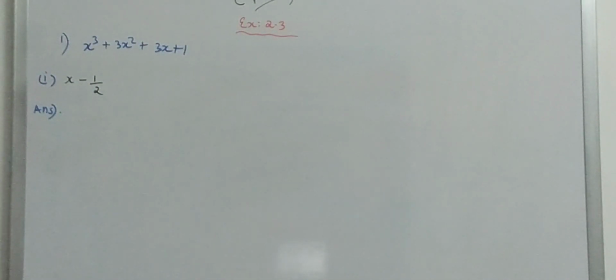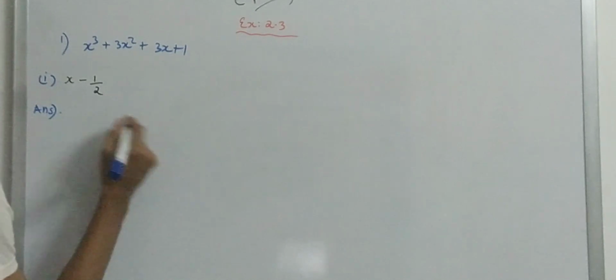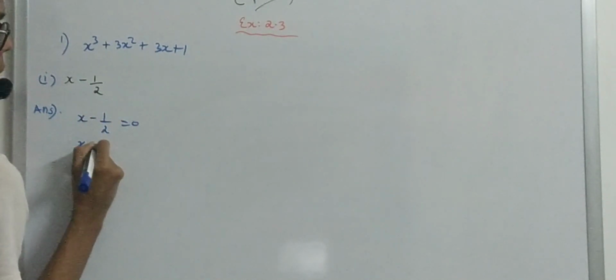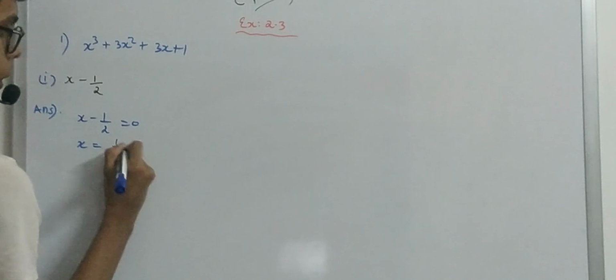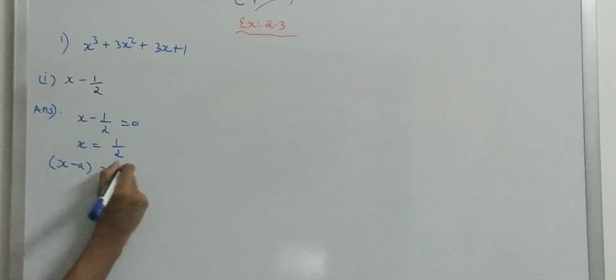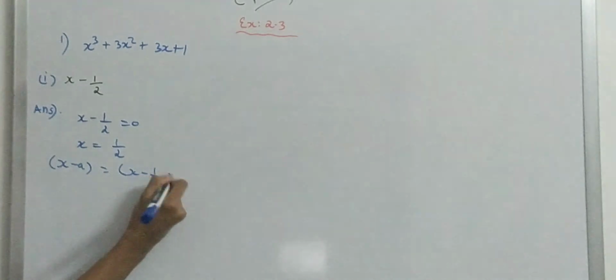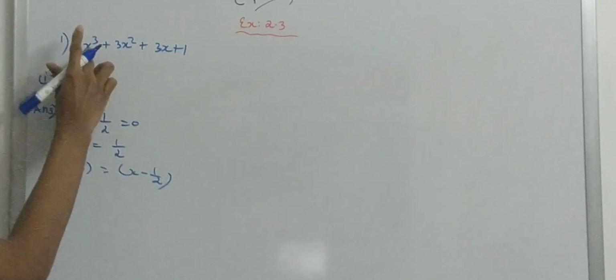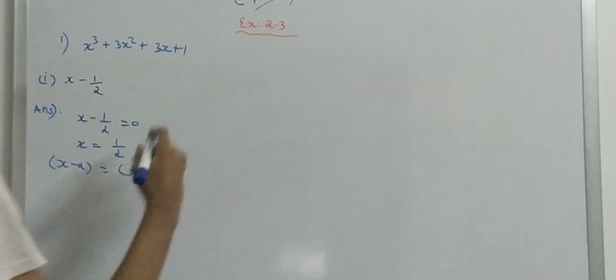Okay, so next one is x minus 1 by 2. So first of all we have to find x minus a. So x minus 1 by 2 is equal to 0. So from here you will be getting x is equal to 1 by 2. So our x minus a will be what? It is equal to x minus 1 by 2. Now what should we do? The value of x that you got, we have to substitute in place of this x.